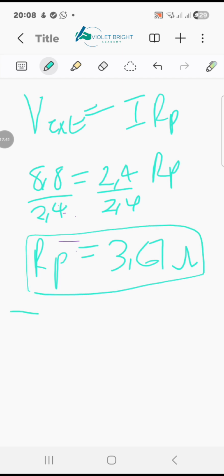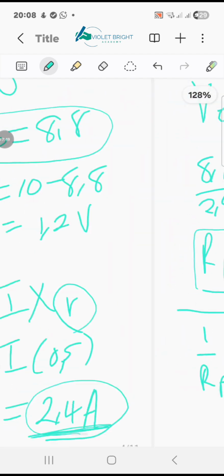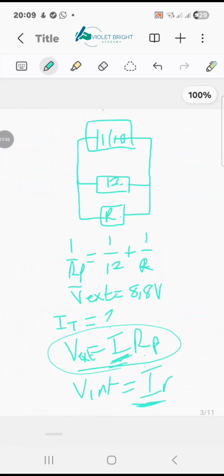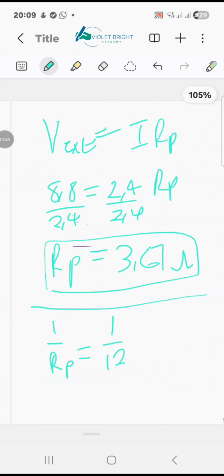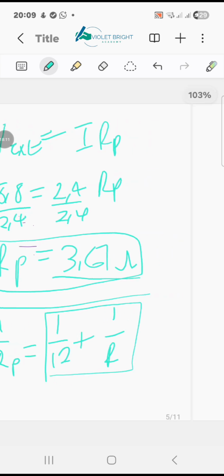Because we have an unknown, 1 over R parallel is equal to 1 over the 12 ohm resistor, which is this one, and 1 over the other missing one that we are looking for, r. So we know that when we add these, they have to give us this. Firstly, let's make the denominators the same.